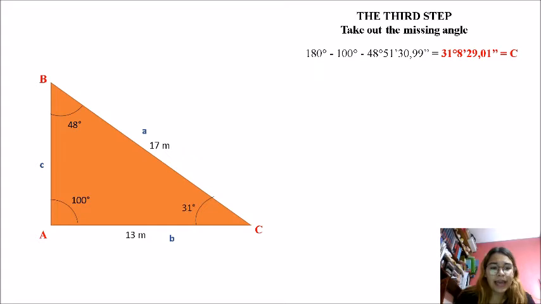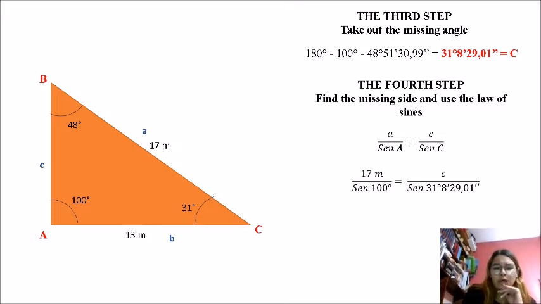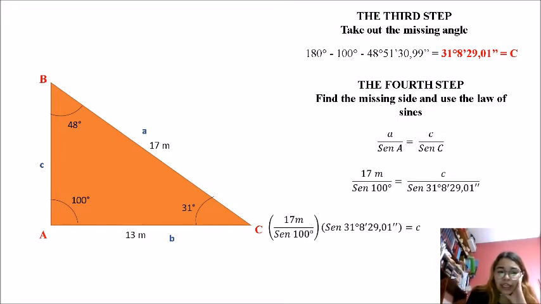Lastly, we take a side and divide it by its own sine, which is equal to the C side divided by its own sine as well. We replace the corresponding measurements and values. We already have A side is 17, A sine 100, C sine 31 degrees, 8 minutes, and 29.01 seconds.